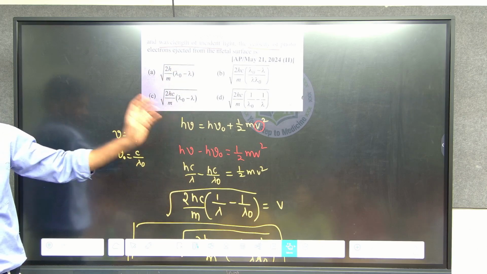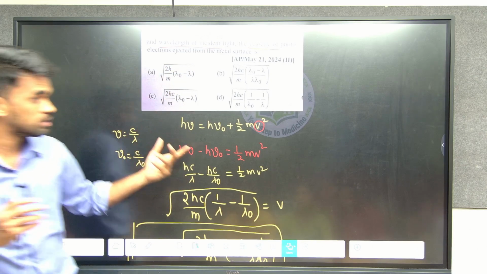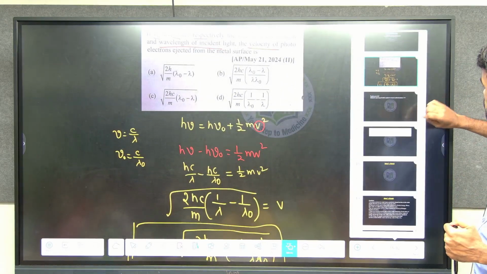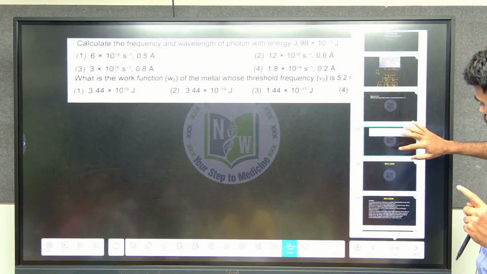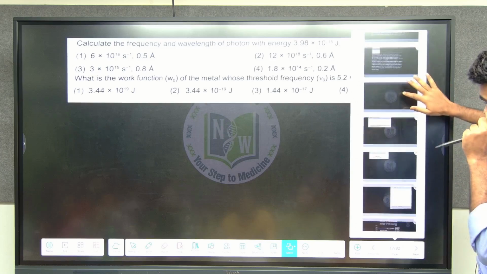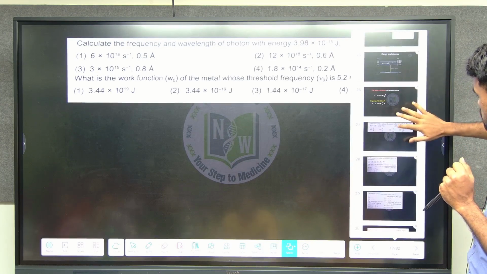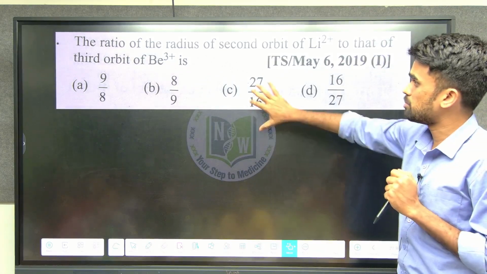Try to do it again if you want after the class. Morning you did these 2 questions. Then next let us move to these things. Radius, Bohr model questions.